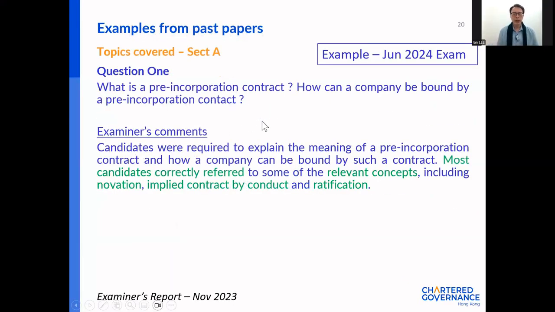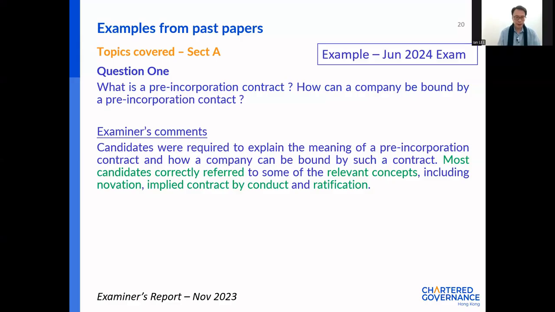So here we have the examiner's comments. Candidates were required to explain the meaning of a pre-incorporation contract and how a company can be bound by such a contract. Most candidates correctly refer to some of the relevant concepts, including novation, implied contract by conduct, and by ratification.